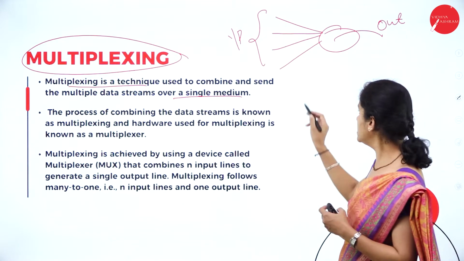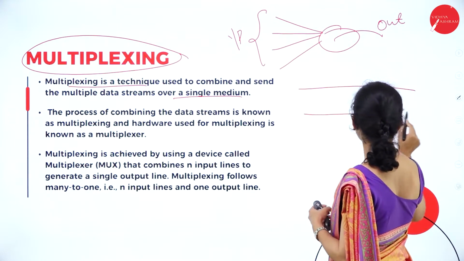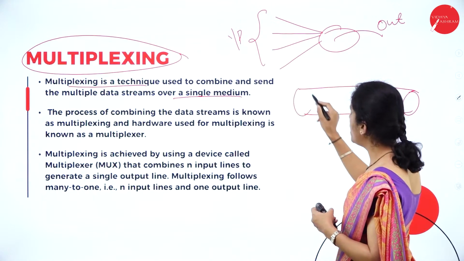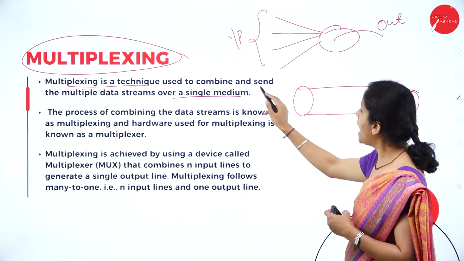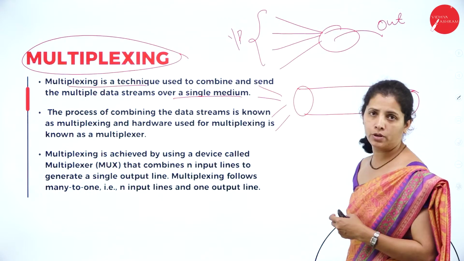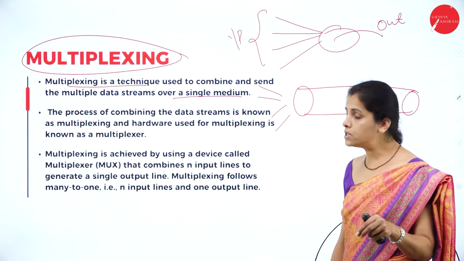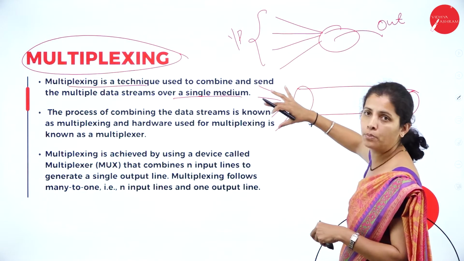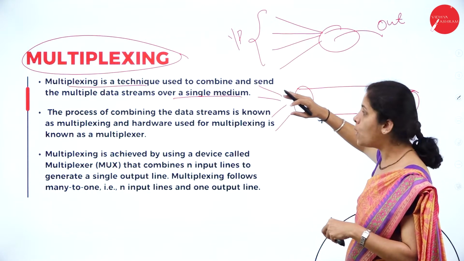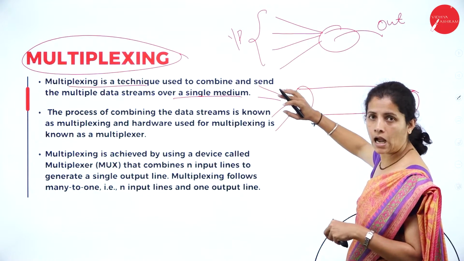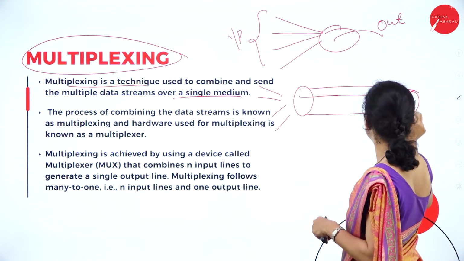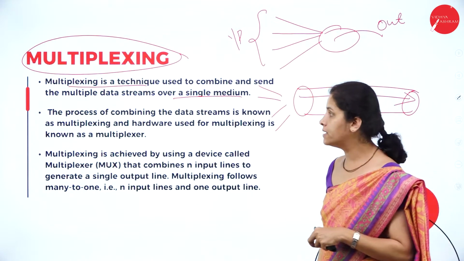So dear student, think that I have only one cable, but I have n number of inputs. So what am I going to do? I'm going to use a multiplexer to combine these inputs and form one single data stream and send that through the single transmission line.